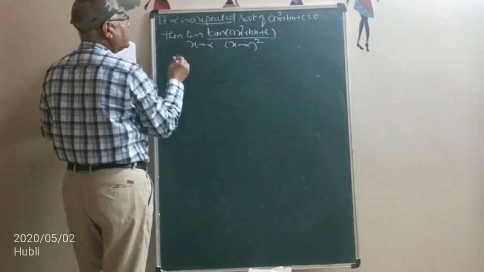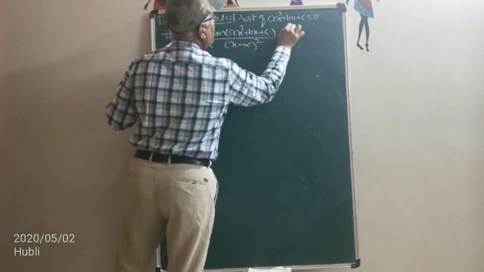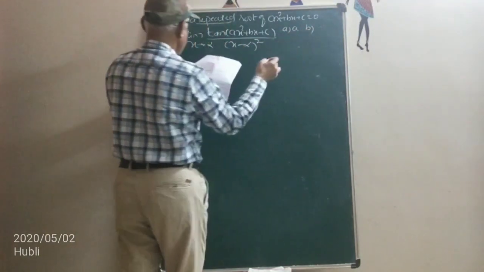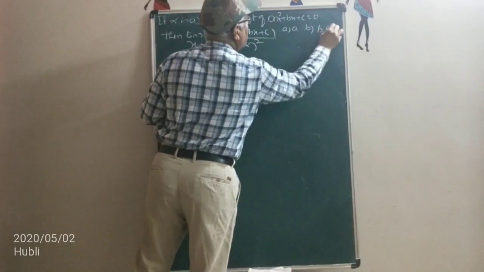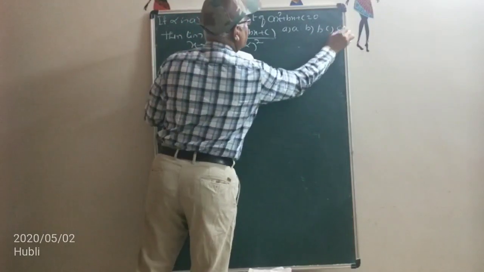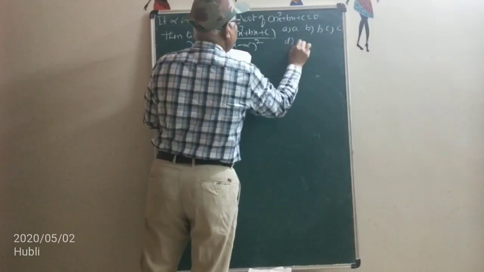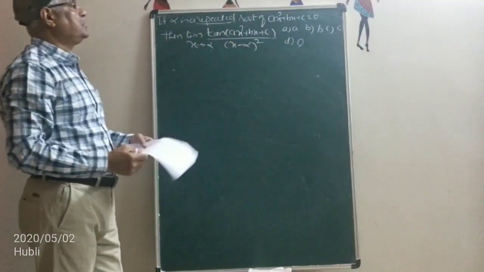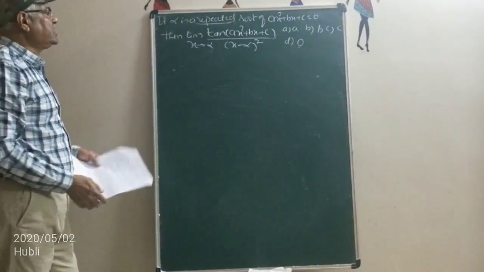The options are: the first option is A, second option is B, third option is C, and the last option is D.